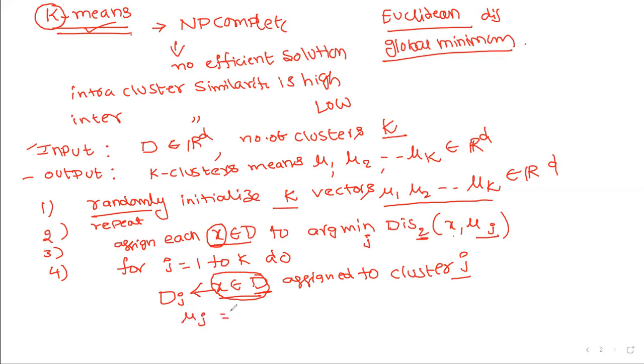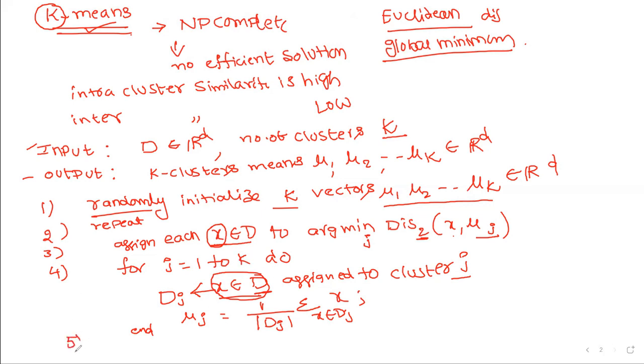Simply, mu j is equal to one over the total number of elements of the cluster Dj, times the sum over each x that belongs to Dj of x. That means the sum of all the instances divided by the count. And we have to implement the same thing for all the k clusters.